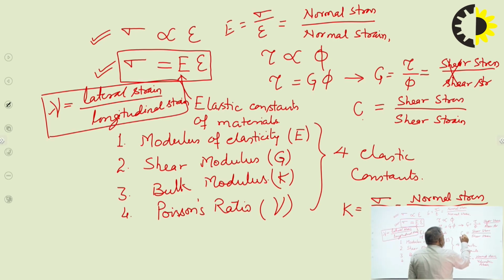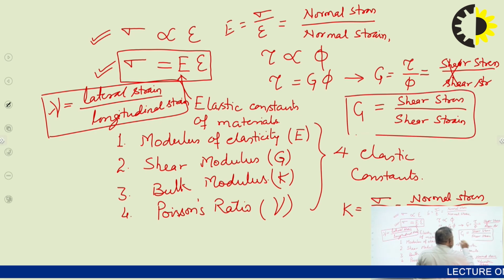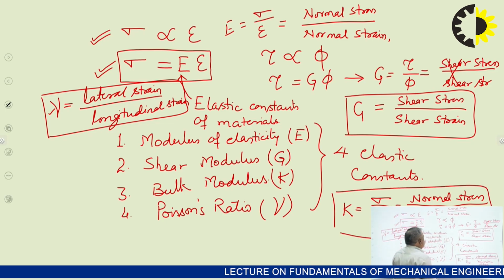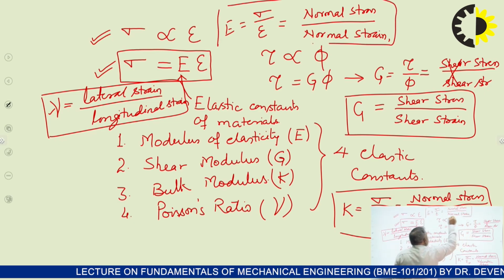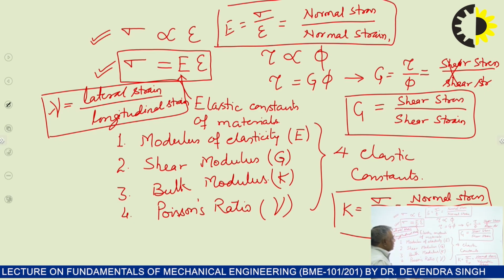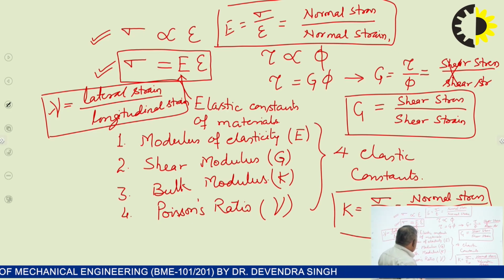This is G, shear modulus or modulus of rigidity. This is bulk modulus, and this is the modulus of elasticity. These are the primary basic definitions of these four elastic constants.